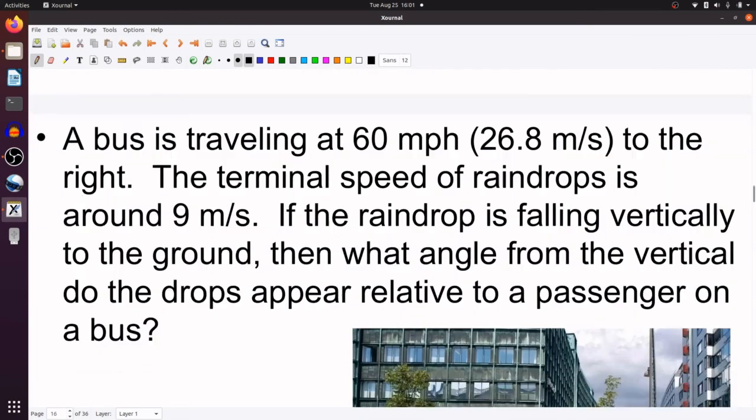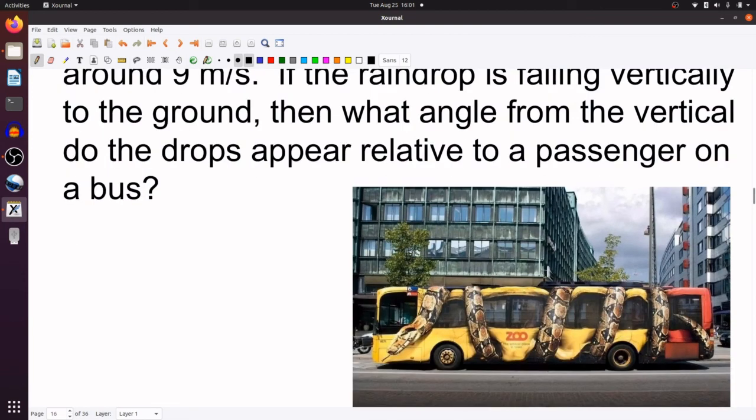Anywho, so let me draw a little picture here. We know that the bus is going at 26.8. And we have to draw head to tail vectors, and then we know that the raindrop is very small at 9 meters a second. So what we want to do is find this little angle here.